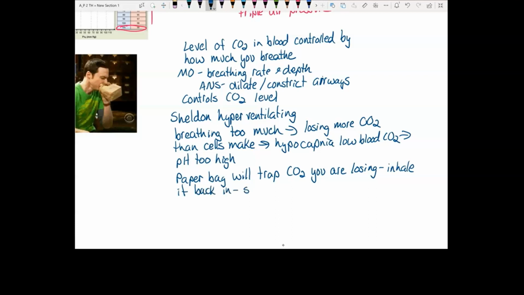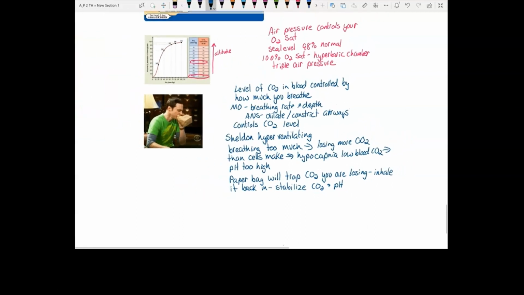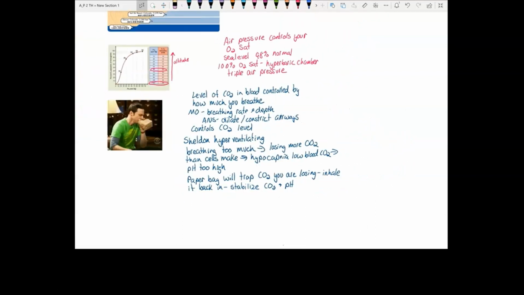And this will then stabilize your carbon dioxide and pH. So the main idea here is that air pressure controls your oxygen level and how much you breathe controls your carbon dioxide level.